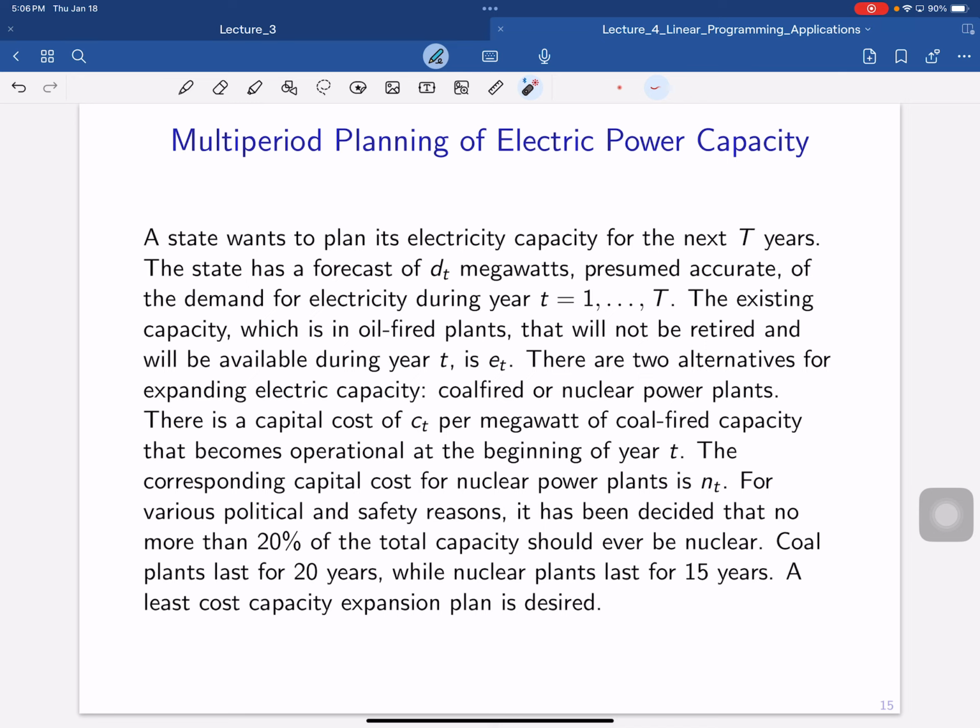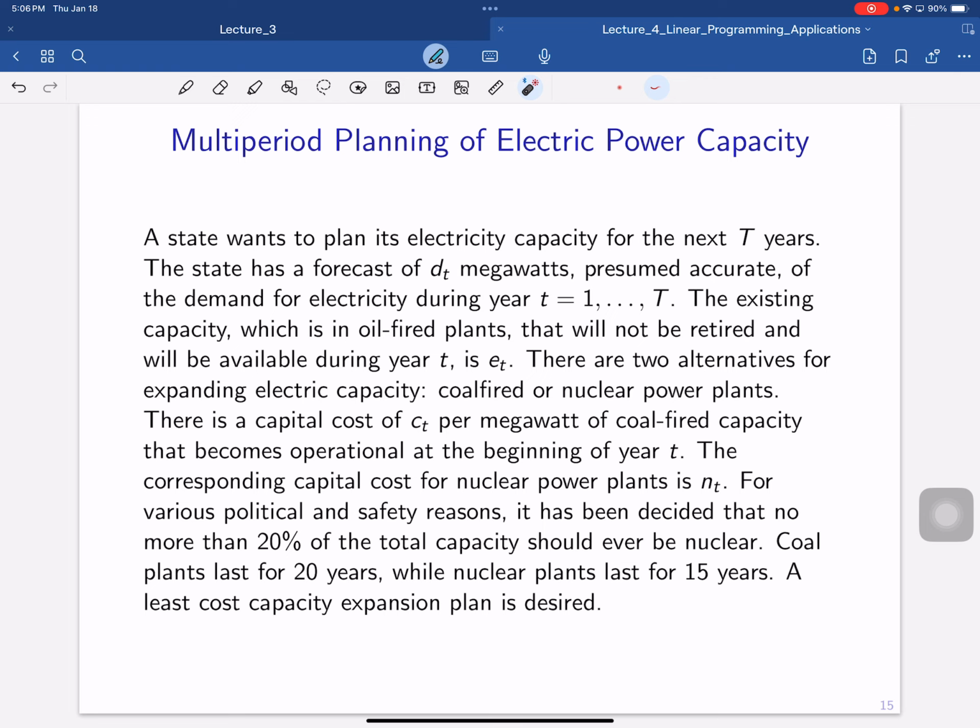Of course, this problem is a simplification. It assumes the existing capacity is all oil-fired plants that will not be retired, so the oil plants will still be operating. There are two alternatives for expanding electric capacity: coal-fired or nuclear power plants.